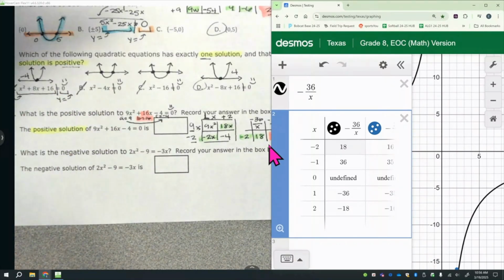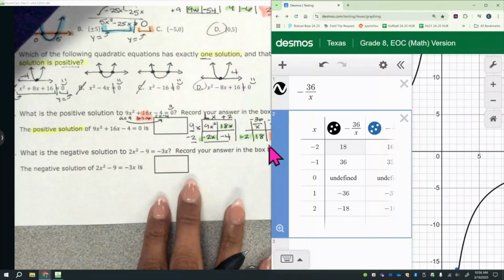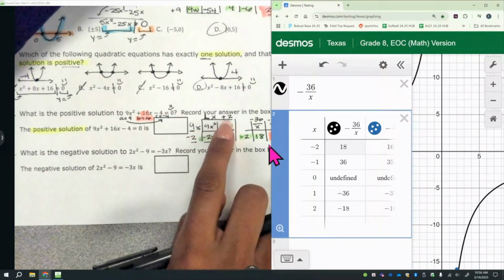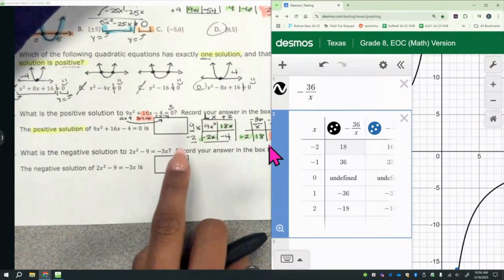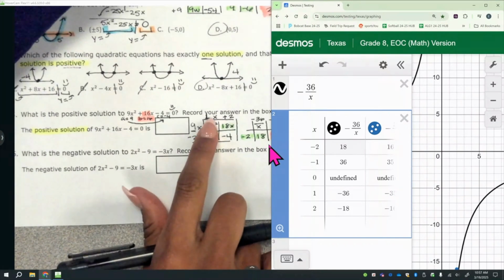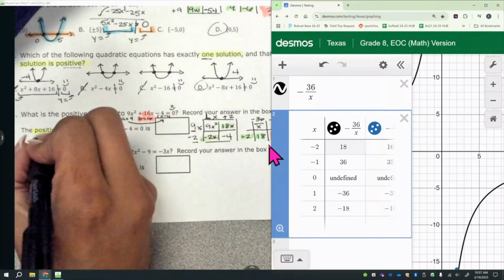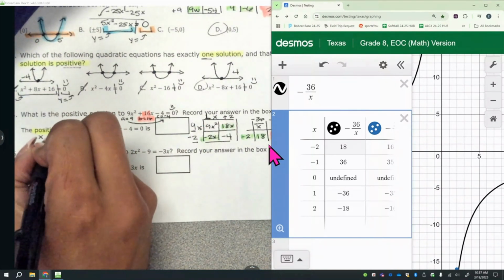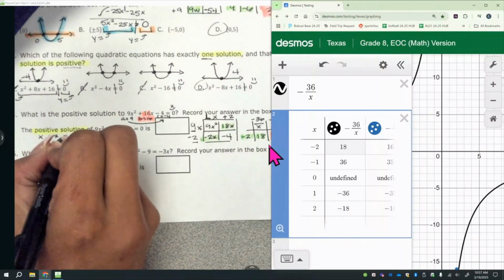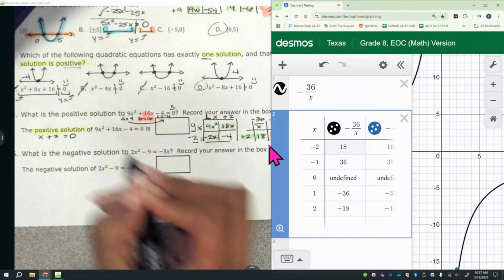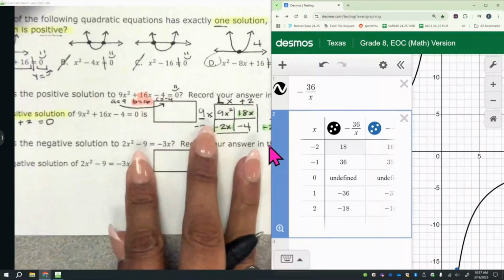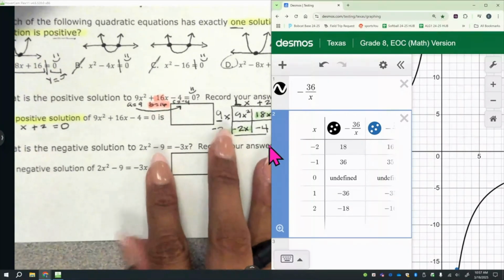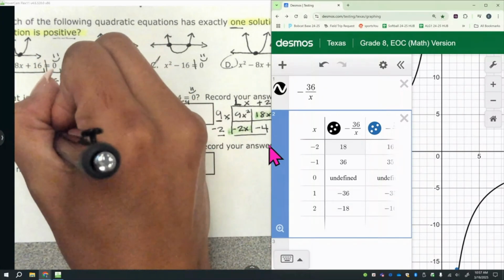So in order to find your positive solution, we need to take our factors, the numbers and variables on the outside, and solve for that. So let's start with x plus 2. I'm going to do x plus 2 and set it equal to 0. This is how we solve. So I draw a line down my equal sign.